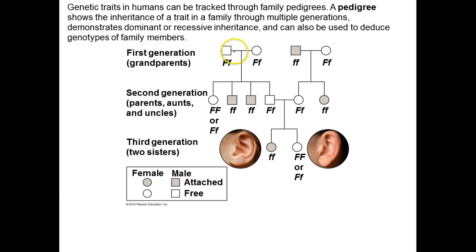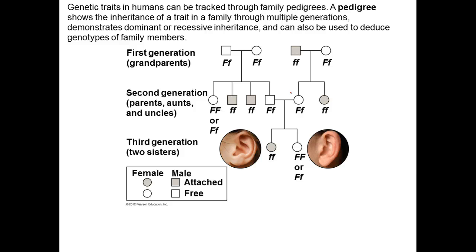When you have a line between a square and a circle, that means they have mated, and you bring a line down and these are their offspring. Here you can see you have two couples, and this male has mated with this female to have these two offspring. So this is what's called a pedigree.